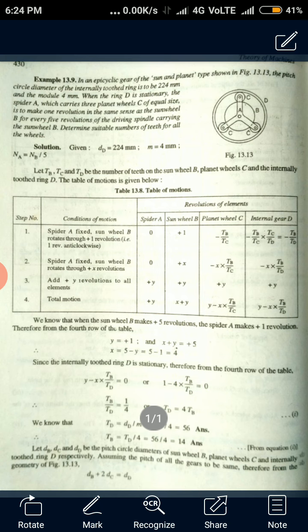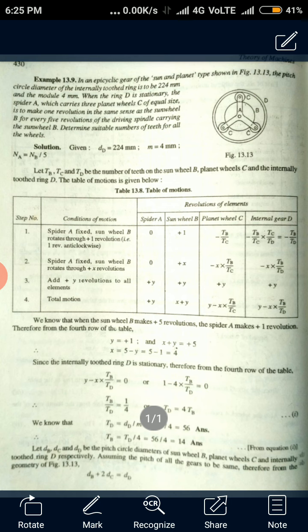So here the task is what? We have to find the teeth for all the gears. He has not given a single gear's teeth here, but he has given you the conditions, so based on that we should be able to calculate the number of teeth. This is one of the typical problems. He has given you the diameter of gear D, that is 224, that is the internal gear, and module M equal to 4, and a condition.